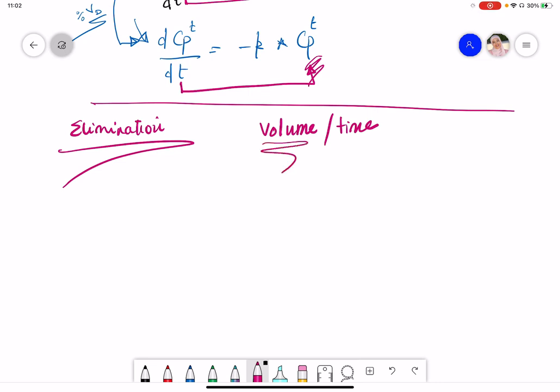So accordingly, the volume per time as a term would be constant. And this term, we call it the clearance of the drug.